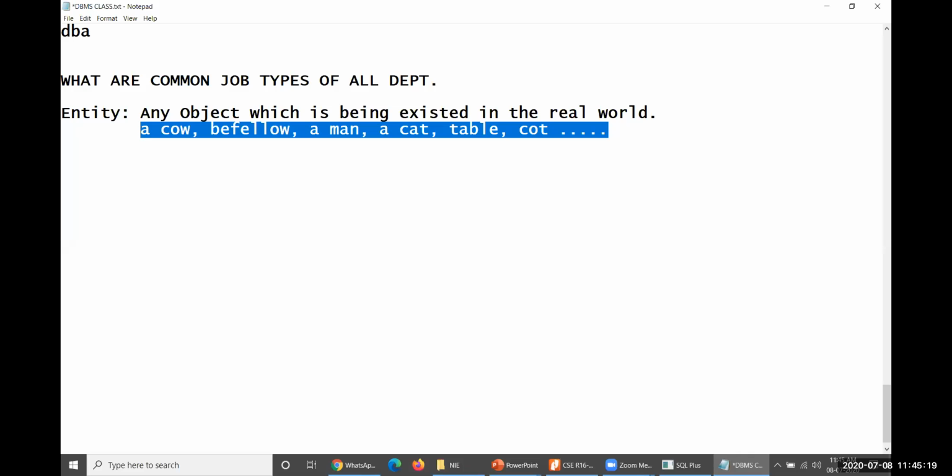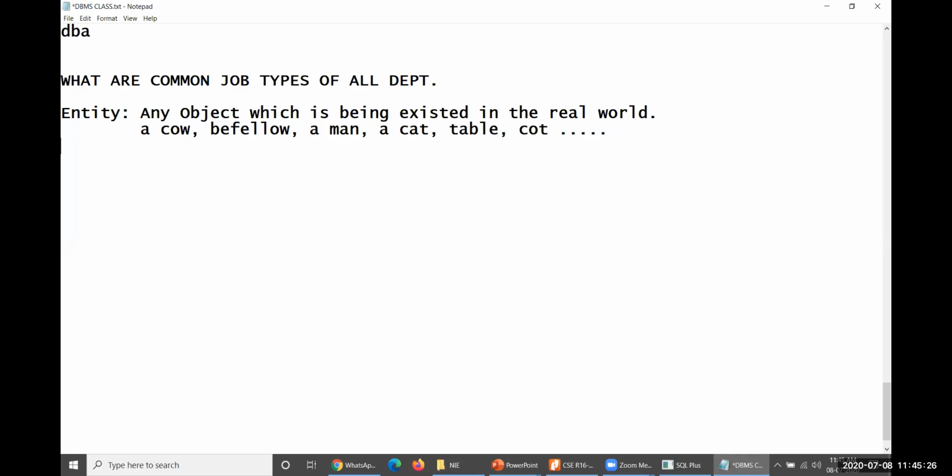But in a database management system, names like cow and buffalo could not be considered direct entities. Here, entities will be defined something like this: student is an entity, employee is an entity, department is an entity, and many other things.